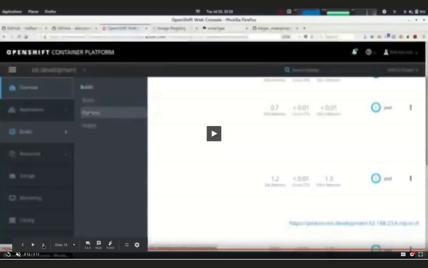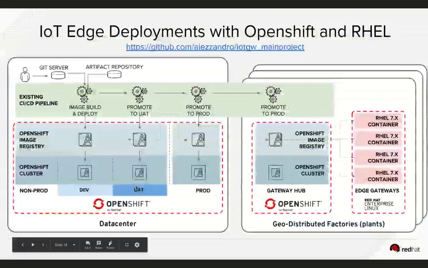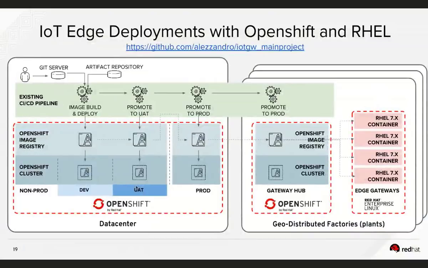So this ends the demonstration, but just for recapping what we saw: how easy it could be to use OpenShift as a development environment for testing and building applications that could be moved and then run at the edge as containers. So the image is only built in the development environment, then promoted in the various project environments that we create.